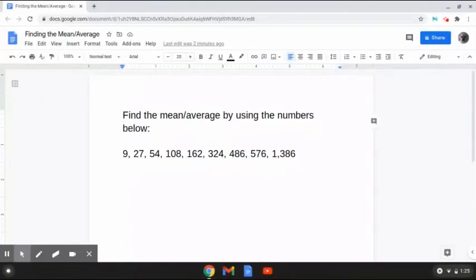Alrighty, so this last problem reads, find the mean/average by using the numbers below. So as we can see here, we have the numbers 9, 27, 54, 108, 162, 324, 486, 576, and 1,386. And the way that we're going to be finding the mean is like we've been doing before in these last few problems.